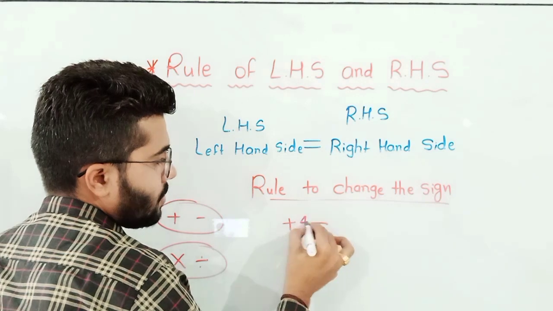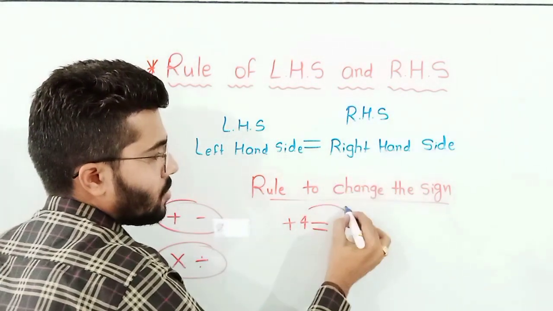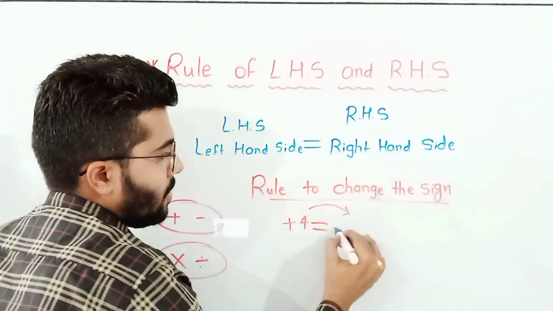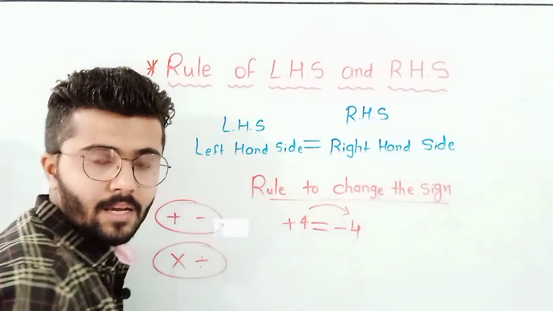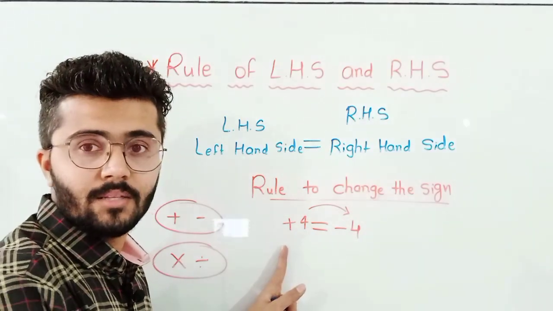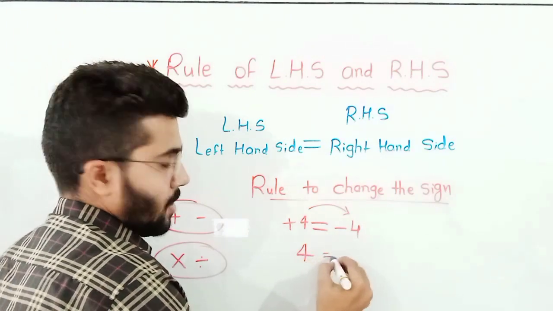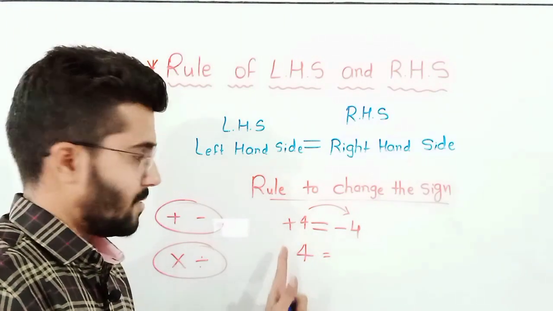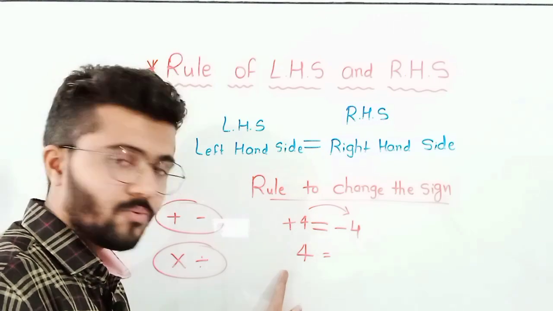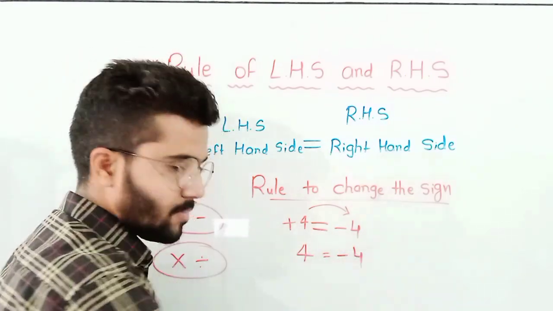If I have written plus 4 here, and this plus 4 moves to the right hand side, it will be minus 4. It is not necessary that they will always give you plus 4. They can give you only 4, which also means this 4 is plus. So if this 4 moves to that side, it will be minus 4.